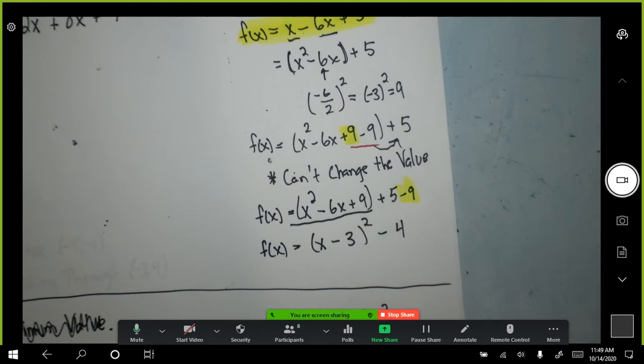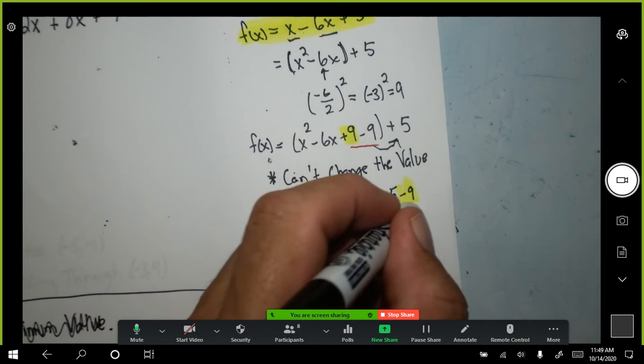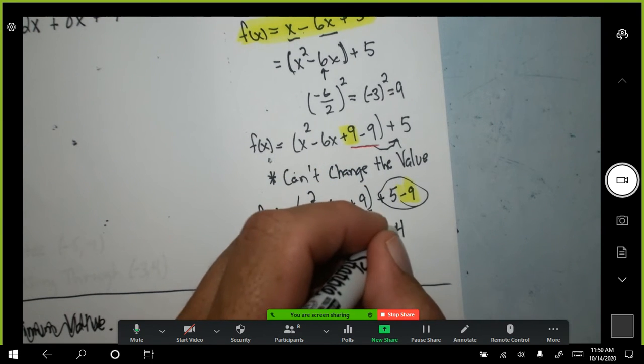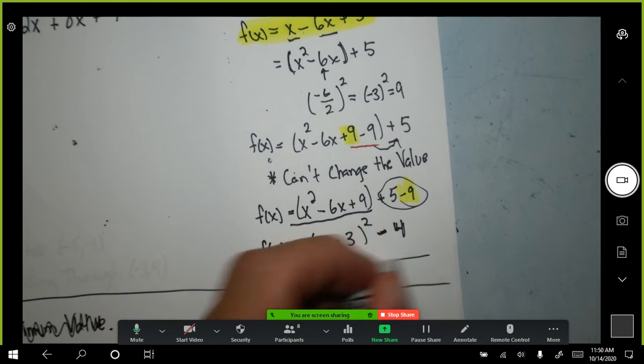This is always going to be a plus here. So half of -6 is -3. So that's (x minus 3) squared, right? If I multiplied it back out, that would be x squared minus 6x plus 9, and that's where we get the +6. And then what I do out here is I go ahead and combine that, and then that is -4.